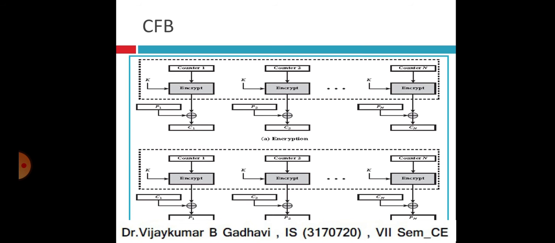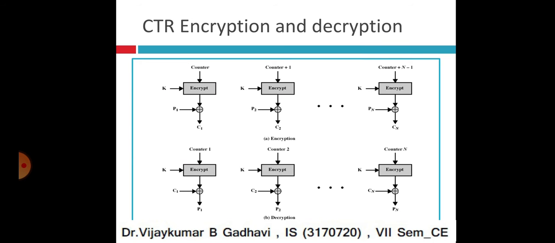CFB mode diagram is the same as the counter 1 to n encryption. C1 plaintext and key are used for encryption and decryption. Both are similar processes, one kind of encoding and decoding following some equations we have already seen in the last topic. CTR encryption and decryption.